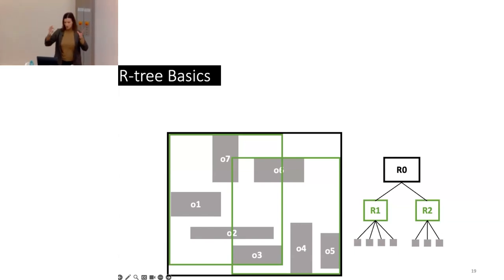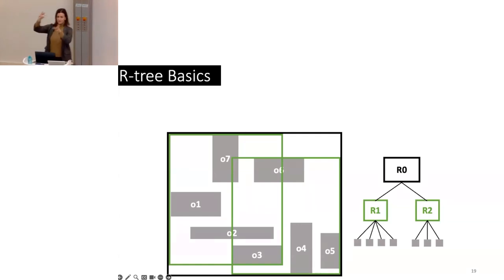I'm not going to go into the formal definitions, but the main idea here, as you see with an example on the slide, is that we have some spatial objects and we want to group them together according to their spatial proximity, so that objects that are close to each other can be packed together in one index node.